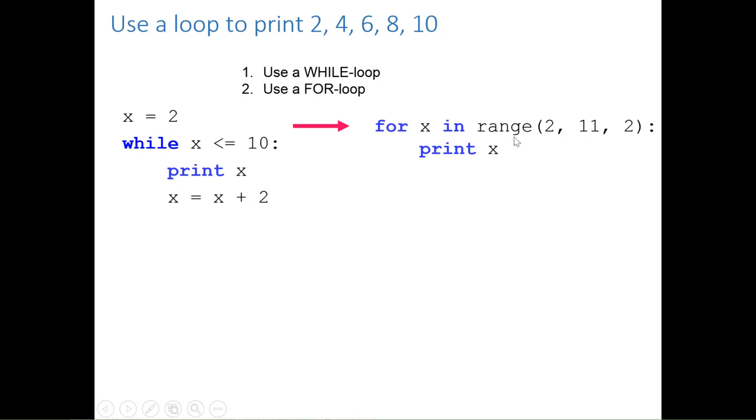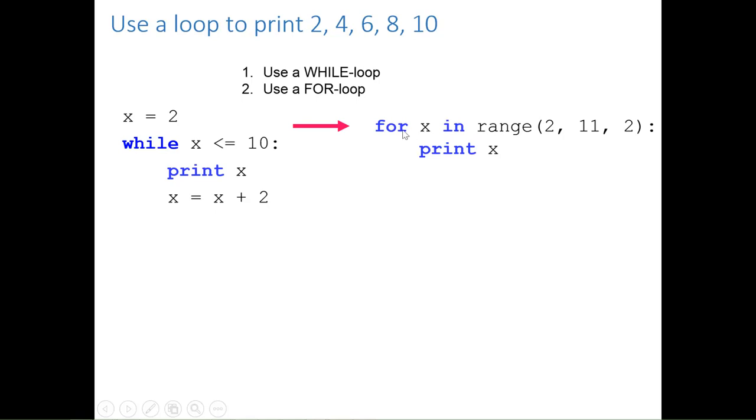And remember that with the range method, the left boundary is inclusive, the right boundary is exclusive. So we had to use something higher than 10 here. We could either use 11 or 12. But this will return the list 2, 4, 6, 8, 10.